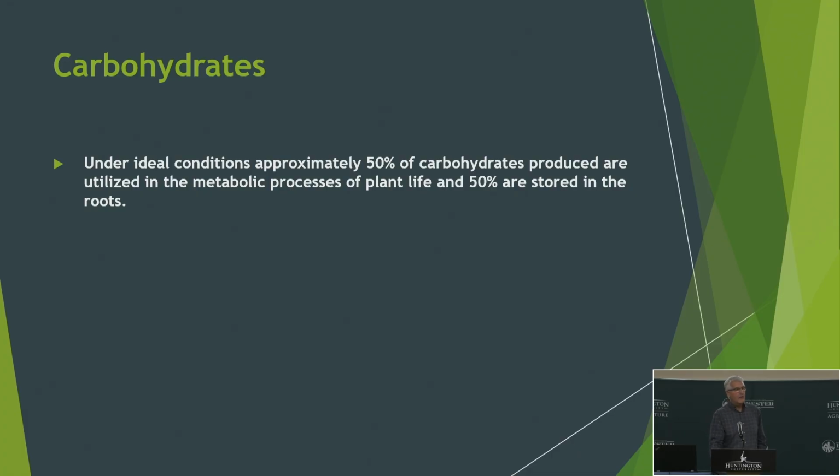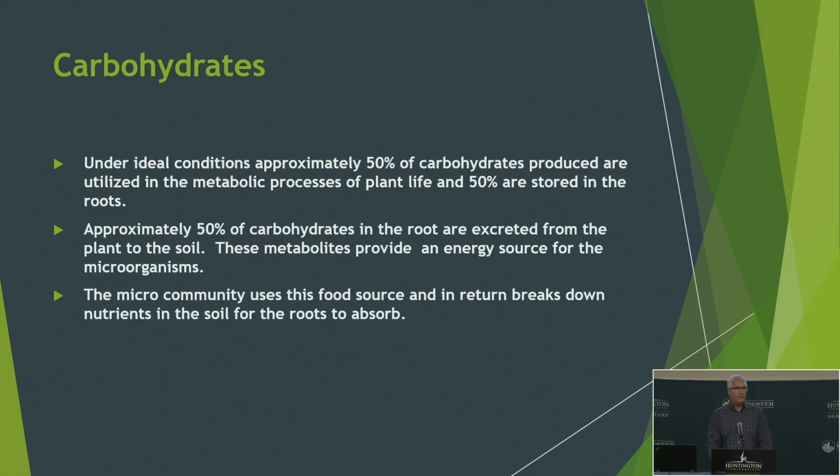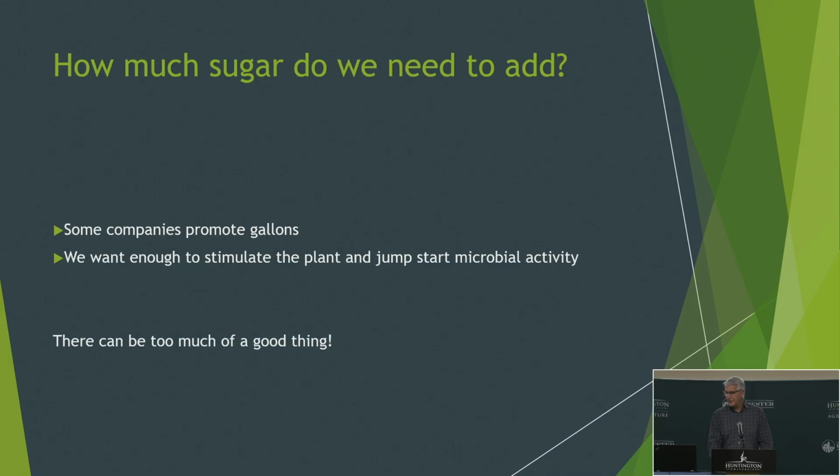So the energy the plant captures from photosynthesis and converts to sugars, roughly half of that goes to the roots and about half of that leaks out of the root to feed the microbes. So if we feed the plant, it's going to feed the microbes, and that sure helps on the nutrient use efficiency.